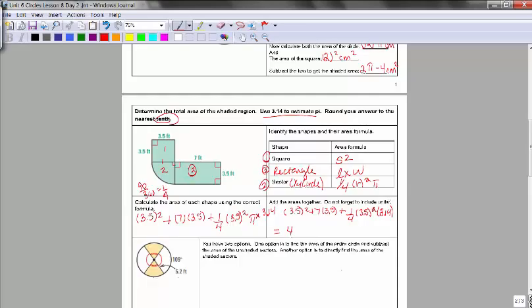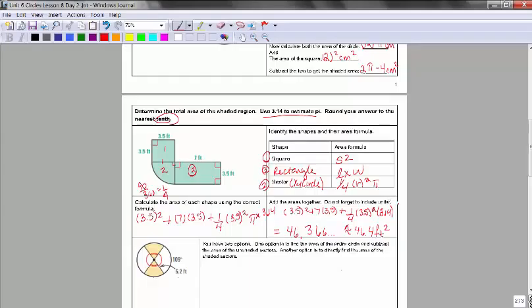We get 46.366, and so on. We're going to round to the tenths place, so 46.4 feet squared. Again, it's the area, so we're using units squared.